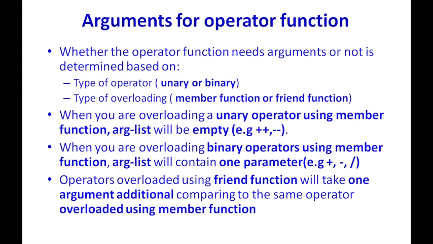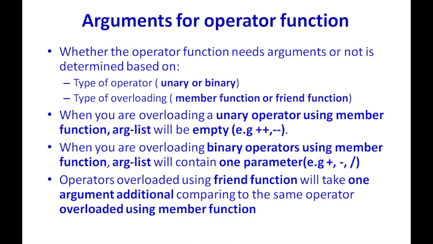For a unary operator, there are no parameters because it only has one operand. A binary operator requires two operands. In that case, one object will be the invoking object and the second object will be treated as a parameter. So for a binary operator which is overloaded using a member function, one argument is needed.